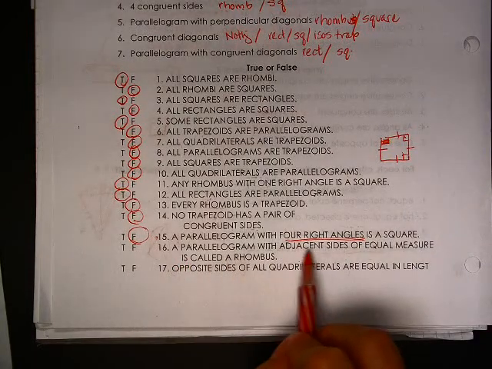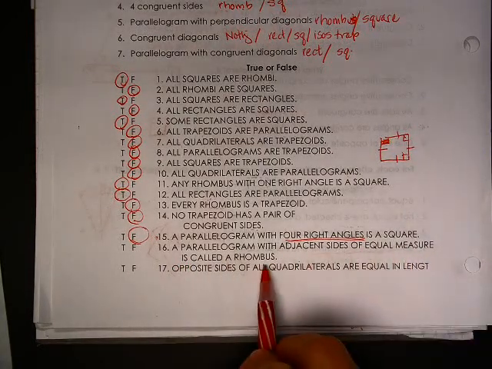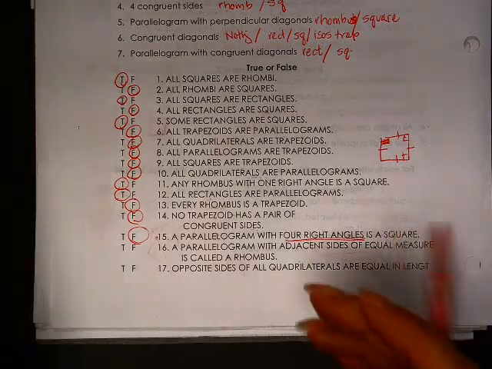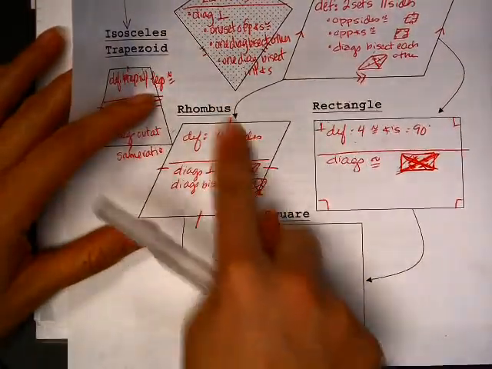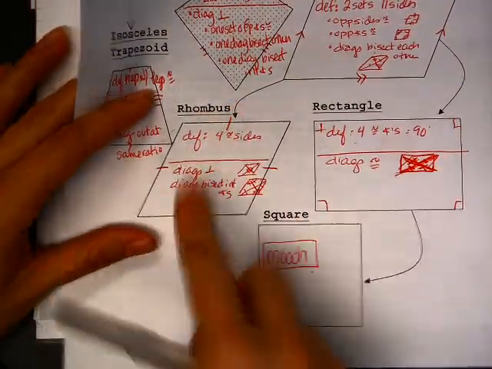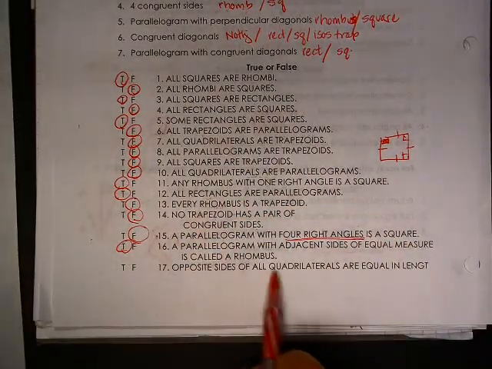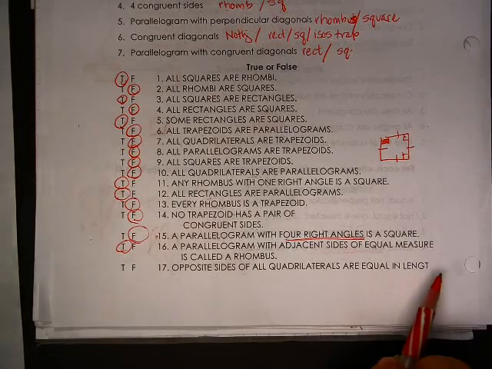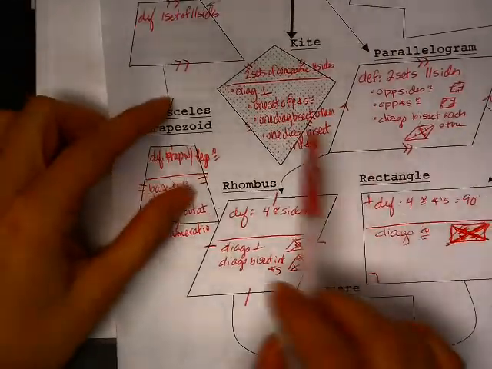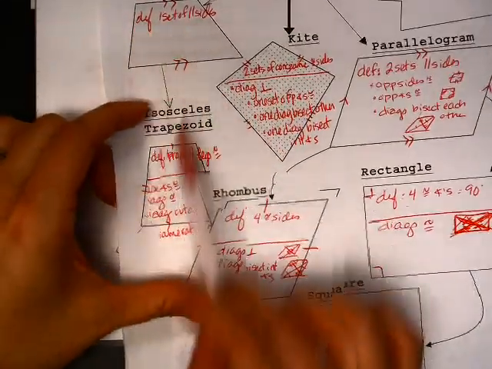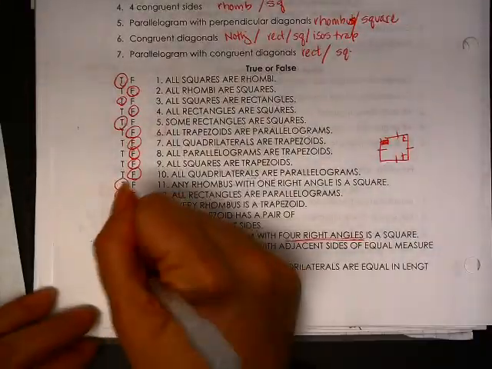And a parallelogram with adjacent sides of equal measure is called a rhombus. Totally. If I know it's a parallelogram and I know these guys are equal, and these guys, and everything is equal, it is a rhombus. And opposite sides of all quadrilaterals are equal in length? Absolutely not. That's not true. So that is false.